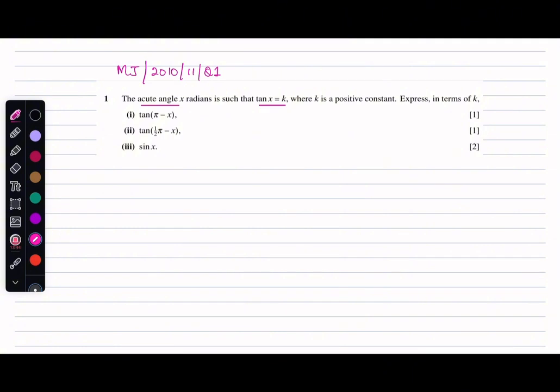So the first thing that we should know here is that this is the acute angle, and for this acute angle, let's draw the rotation here. It's the first quadrant, and we have the angle which is x. If I simply drop a perpendicular, then obviously I will get a right angle triangle.